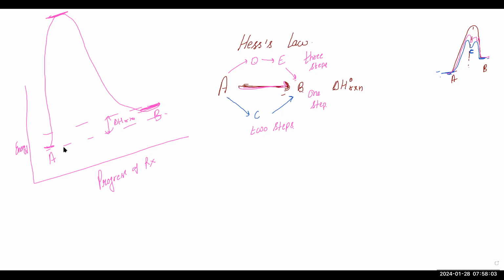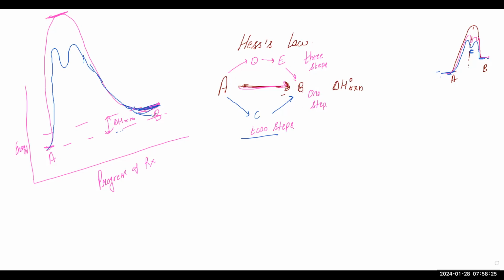Now making formation of C, through C, this is 2 steps. Can be like this. There are 2 transition states. But finally, the energy of A and B are still the same. No change in delta H of the reaction. Delta H is still the same.